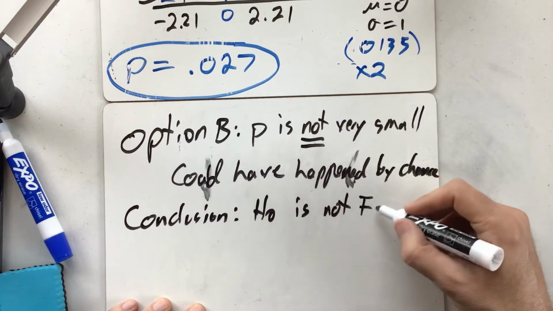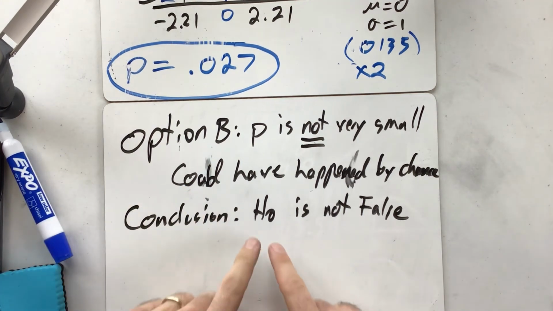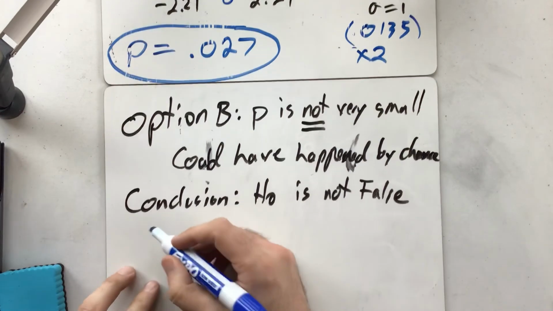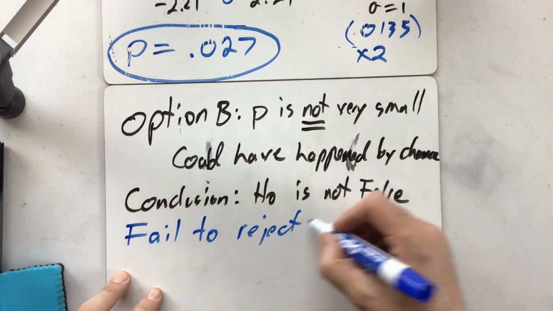Now, this is an important distinction. We never conclude that H naught is true, because is the mean actually 67, or is it 66.95 or 66.885? I mean, we don't know that the mean is exactly 67. You can never conclude that it's true. But all you can do is conclude that you have not proved H naught false. And so what we will say is we fail to reject H naught.